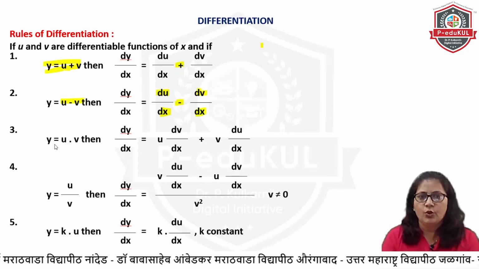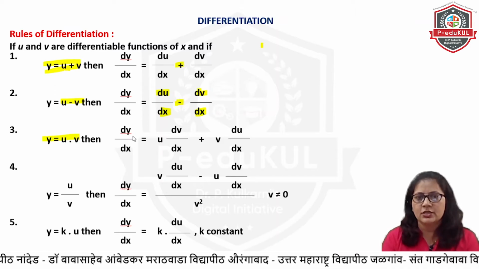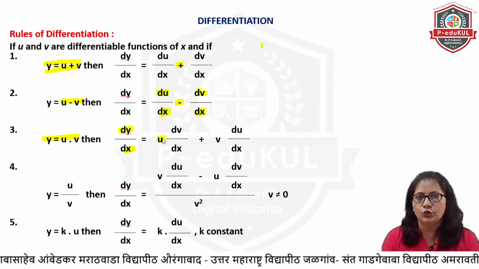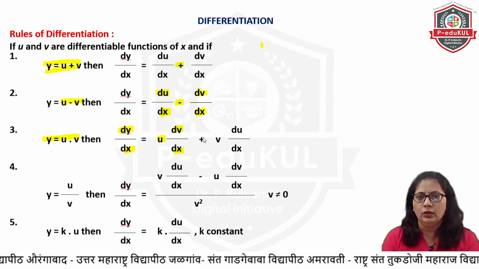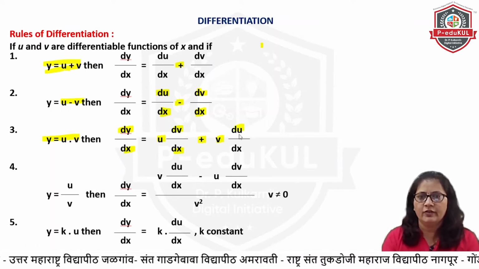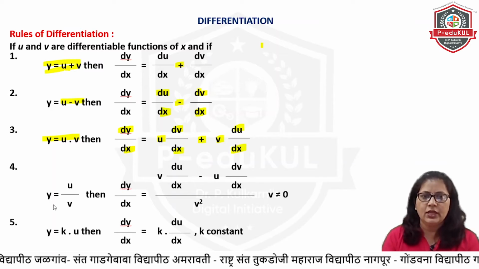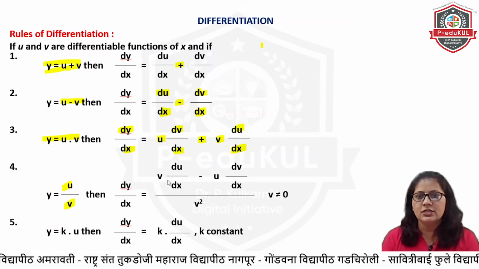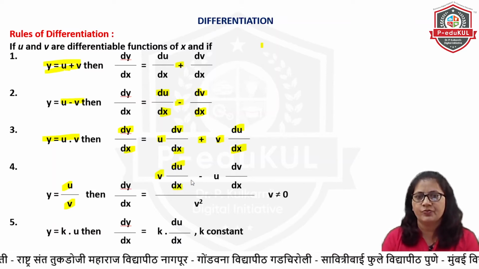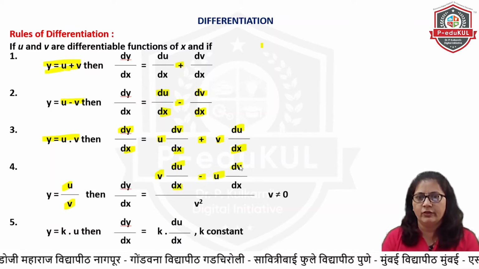Now the next important law is the product rule, that is dy by dx is equal to u into dv by dx plus v into du by dx. First into derivative of second plus second into derivative of first. Then the next is u by v, that is the law for quotient. It is v into du by dx minus u into dv by dx, all divided by v square.